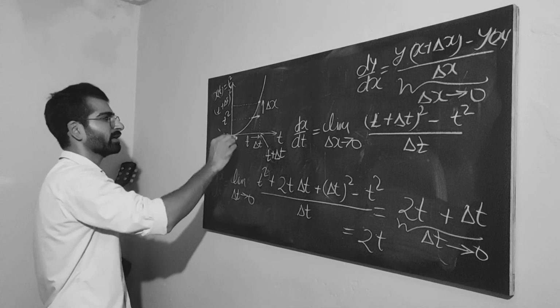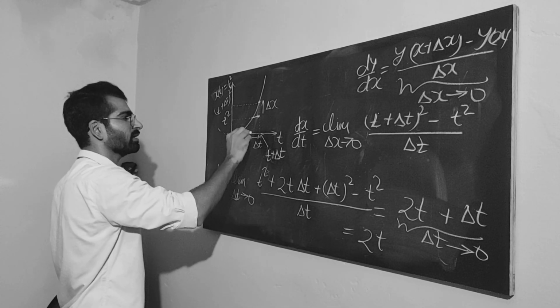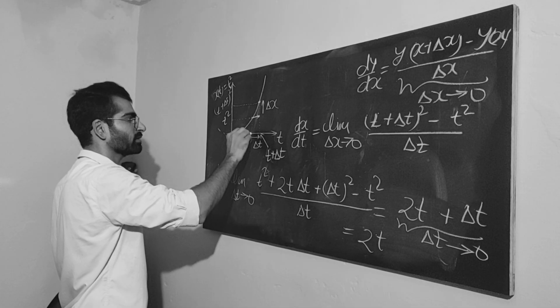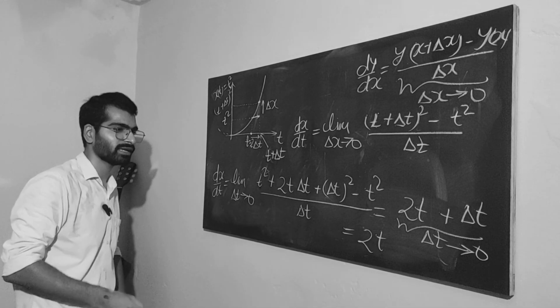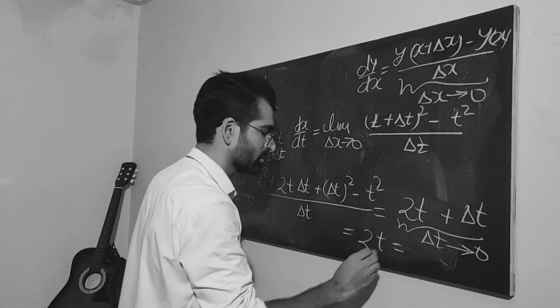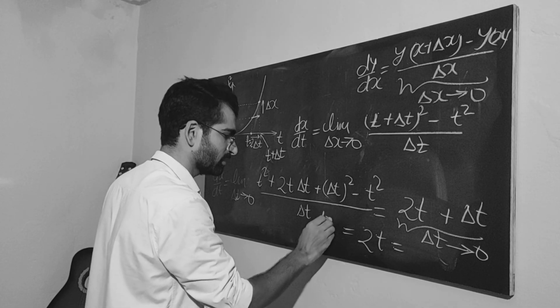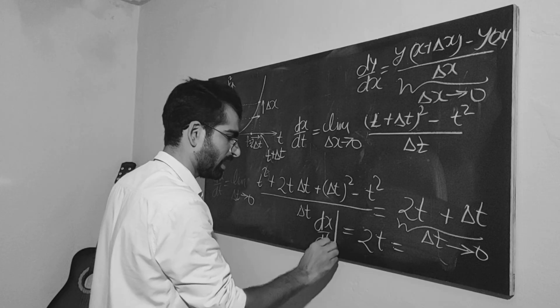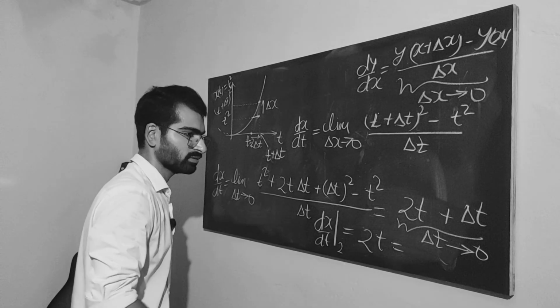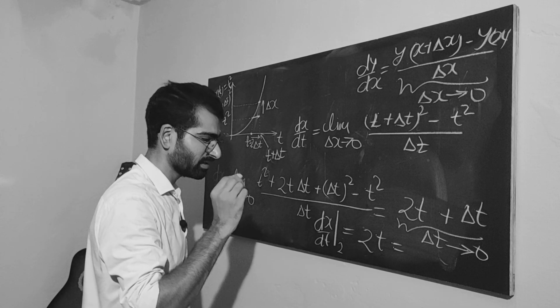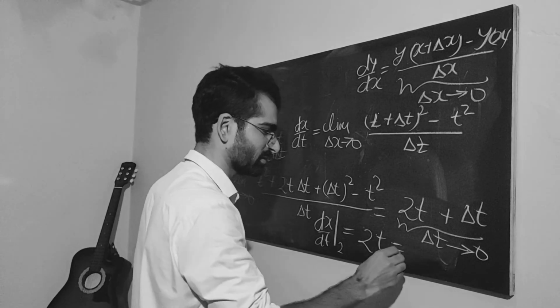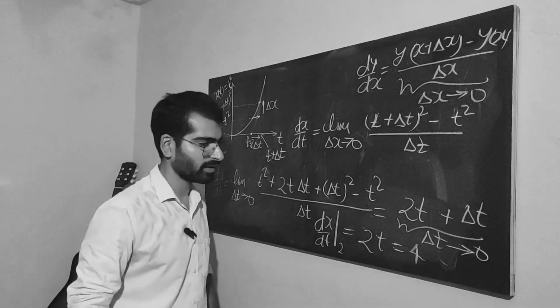And if you want to find the speed at a point, maybe let's say this t was 2, maybe 2 seconds, then the derivative's value dx dt at time t, which is 2 seconds, is 4, right?